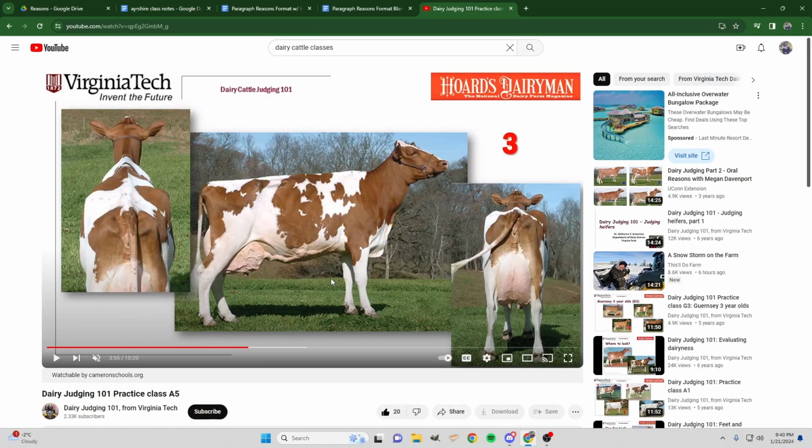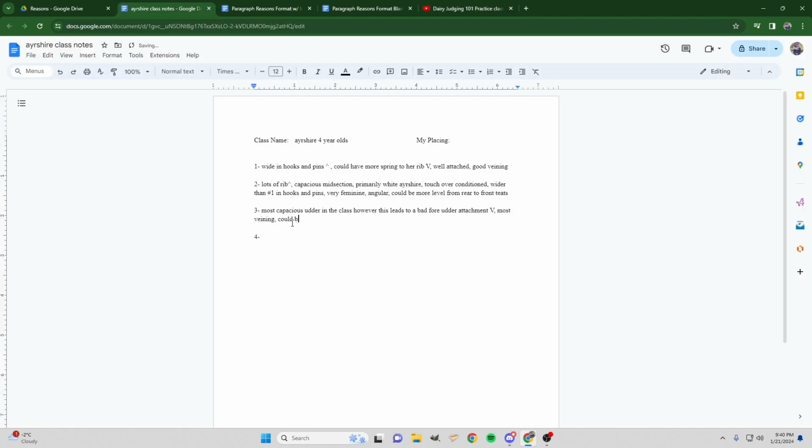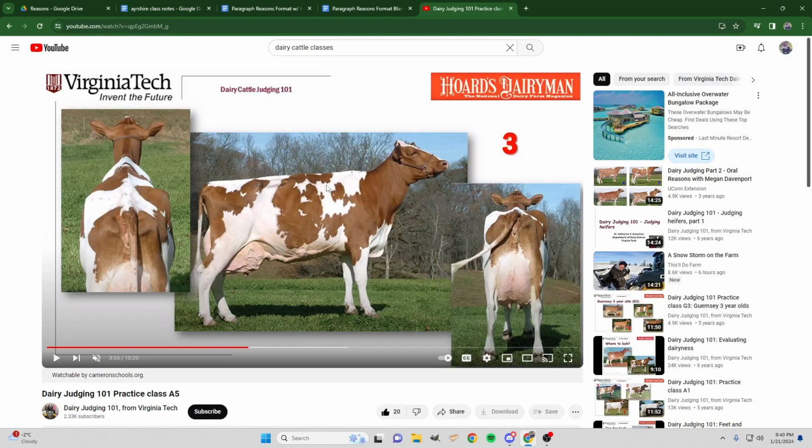And she could be a little deeper in the heart girth. And what I mean by that is the depth from the top of the withers up here to ultimately the bottom of her rib cage and right behind this front shoulder. This is the heart girth area.